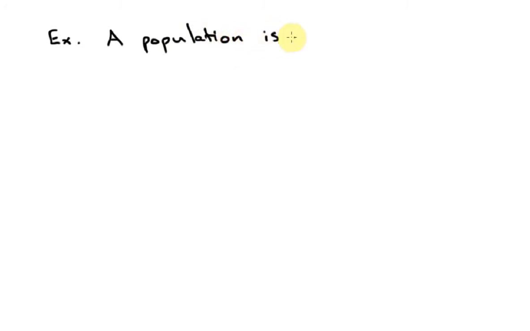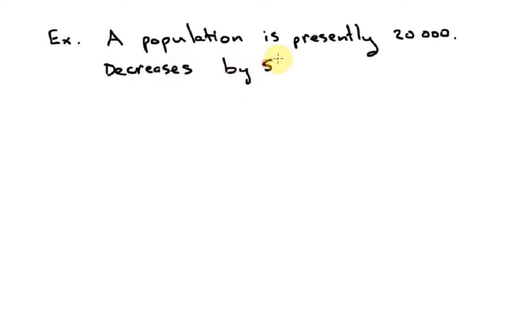The population is presently 20,000. So we've got 20,000 of them, and each year it decreases by 5%.